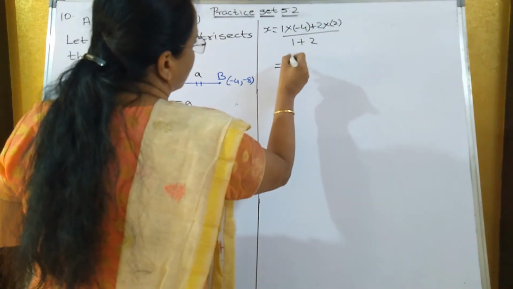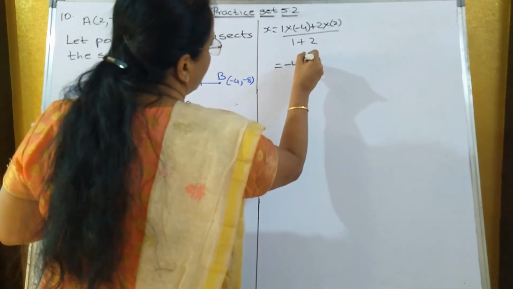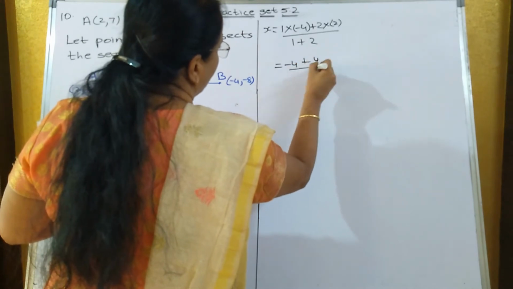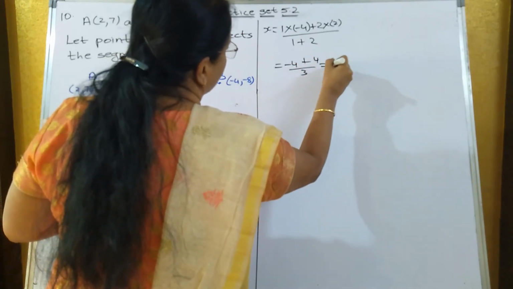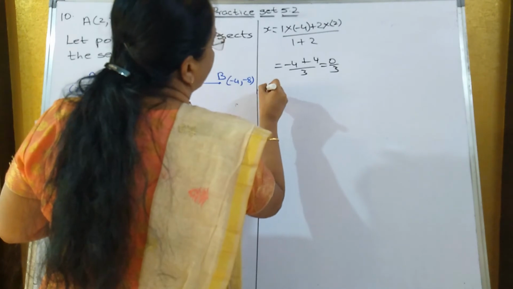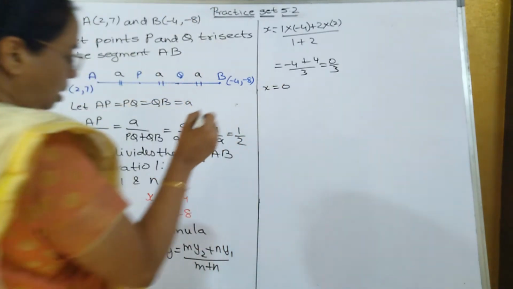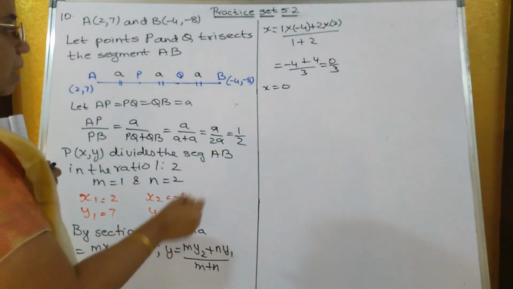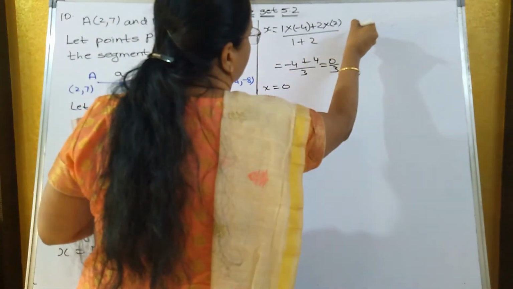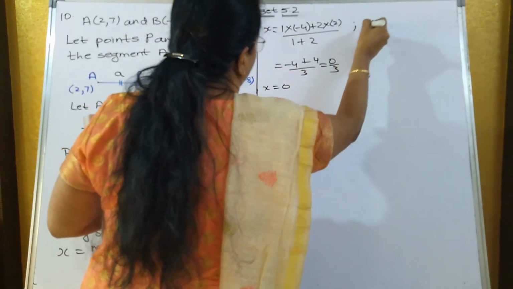So that's equal to (1 into -4 plus 2 into 2 is 4) upon 3. That's equal to 0 upon 3. So x is equal to what? 0. Similarly, y we will find out. m is what? 1 into y2.